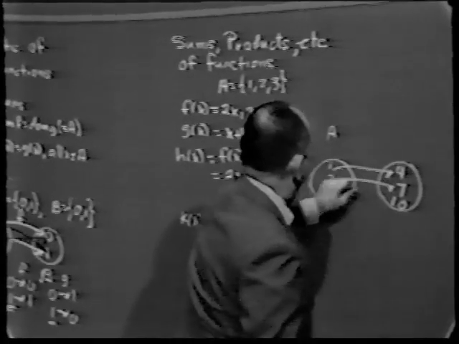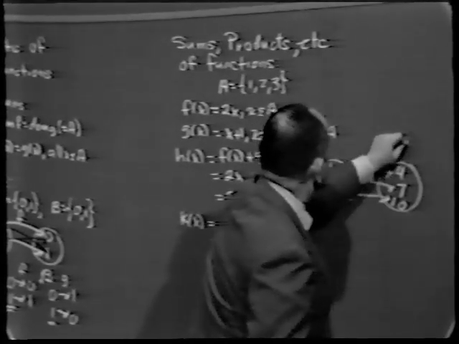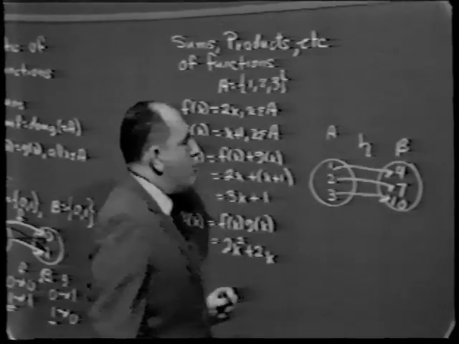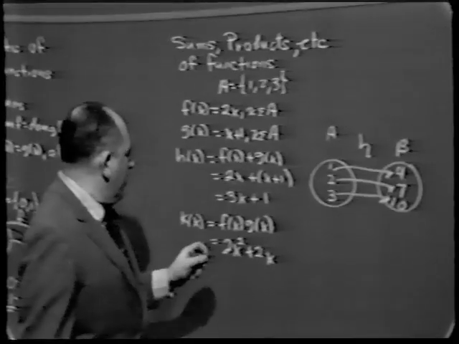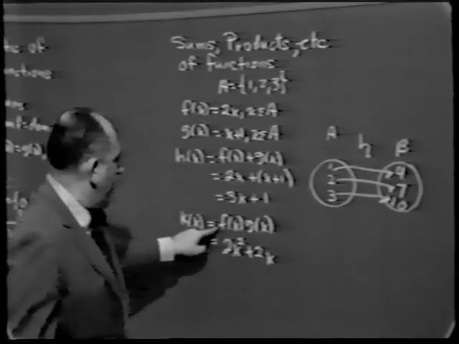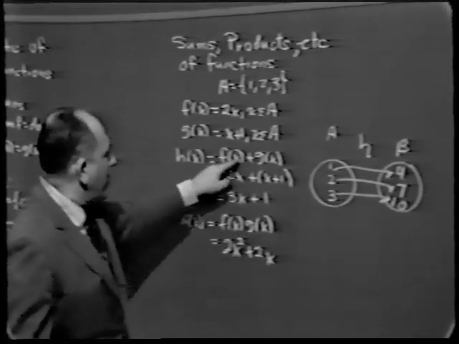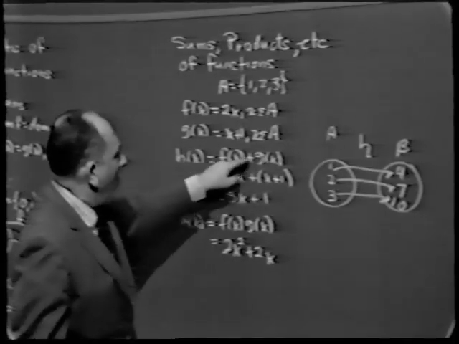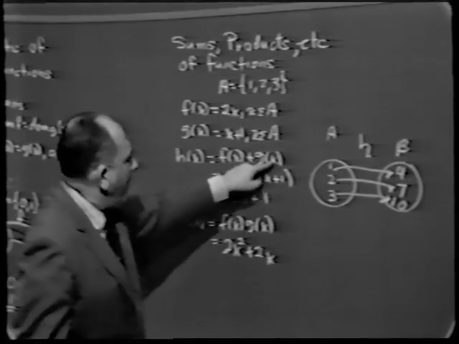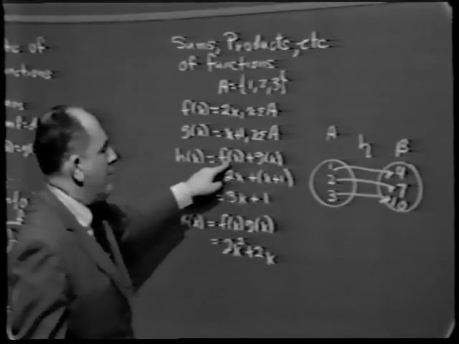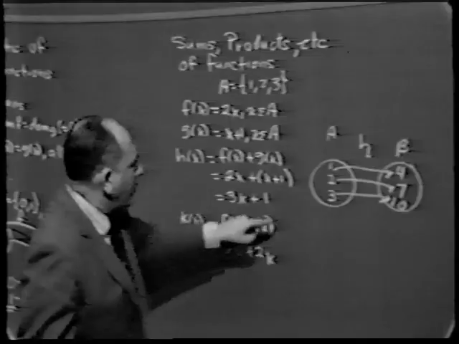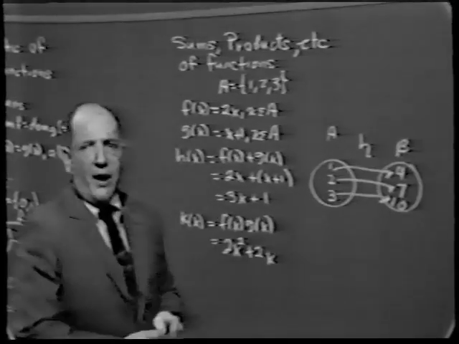In other words, in this case, our image, if I want to call it B, would look like this. This would be the sum of the two functions f and g. And similarly, for the product, I could do the same kind of a thing. In other words, I can just arithmetically, since both the outputs of the f and g machines are real numbers, and the sum of two real numbers is a real number, I can add and multiply functions to form functions.